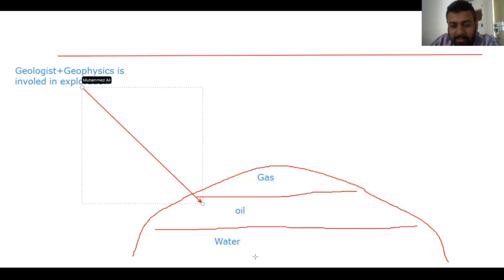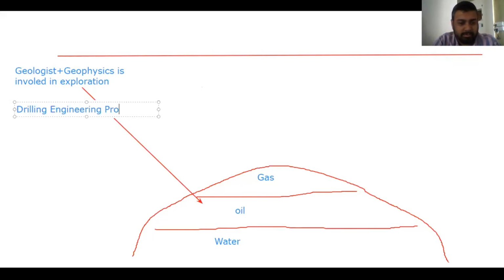Once these oil, gas, and water reservoirs are found by those geologists and geophysicists, the second step that we do is the drilling process, or you can say the drilling engineering process. Then geologists give information to the drilling engineers, and these drilling engineers come on site and put their rigs, as we discussed before.